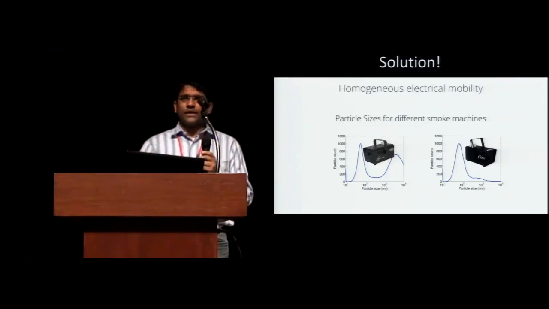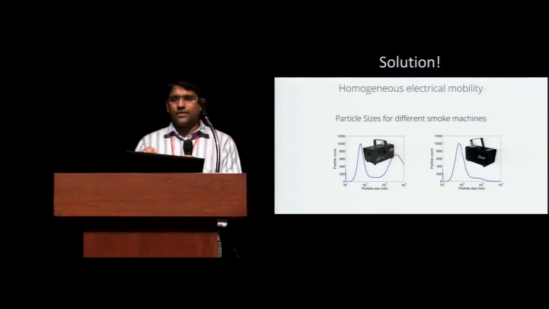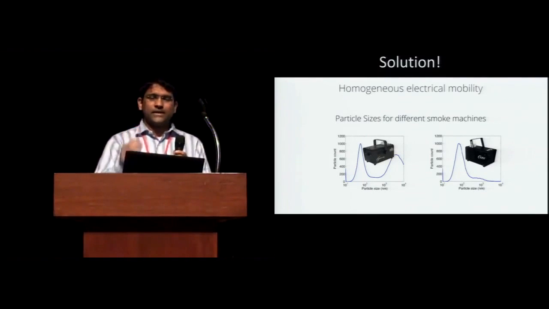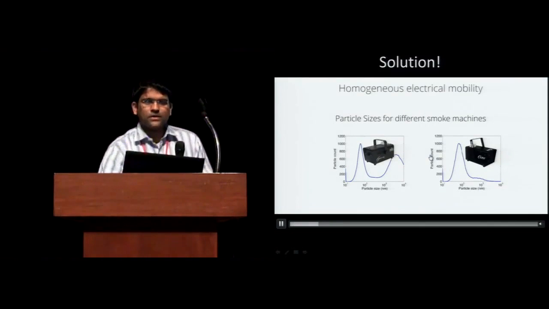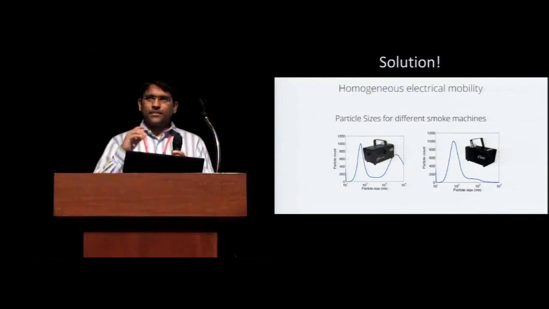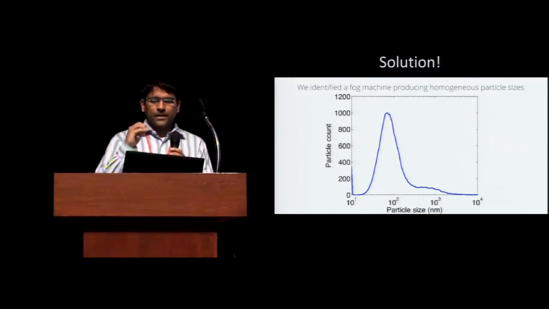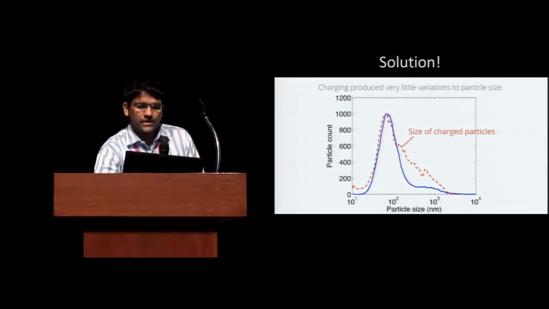So we looked for an easy solution, which will be beneficial to everyone, and we found that we can make a good fog composition which has uniform particle distribution and electrical mobility distribution, which remains uniform after charging, as seen here.